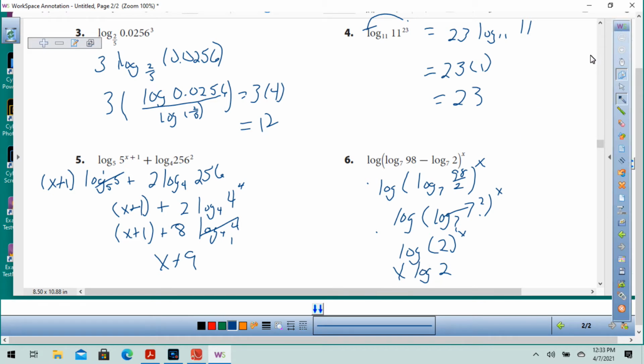All right? And yes, that could have been out there, but I was scared that when you move that, it stays inside the parentheses, it doesn't go out.